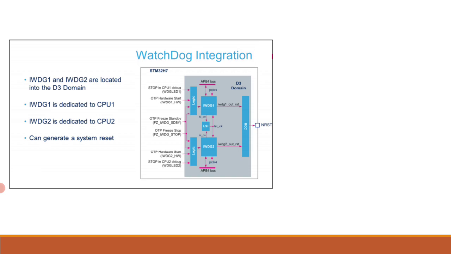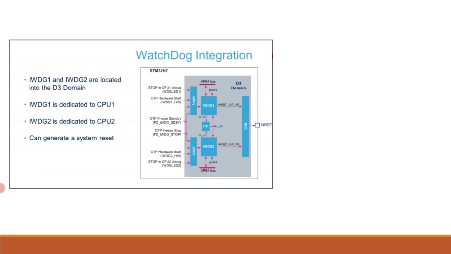For each independent watchdog, it is possible to select if the watchdog will freeze when the associated CPU is in debug, that is core halted mode. Please refer to the MCU debug unit, that is DBGMCU, description for details.